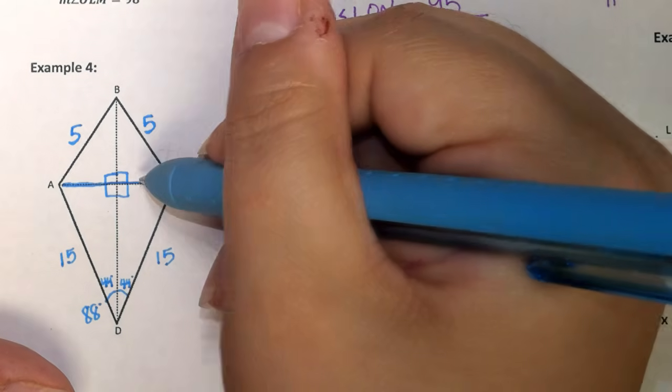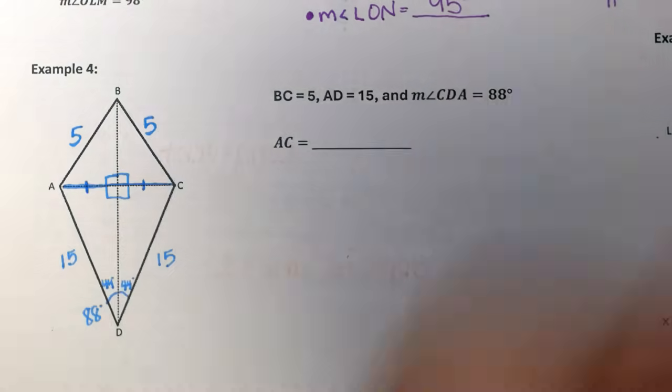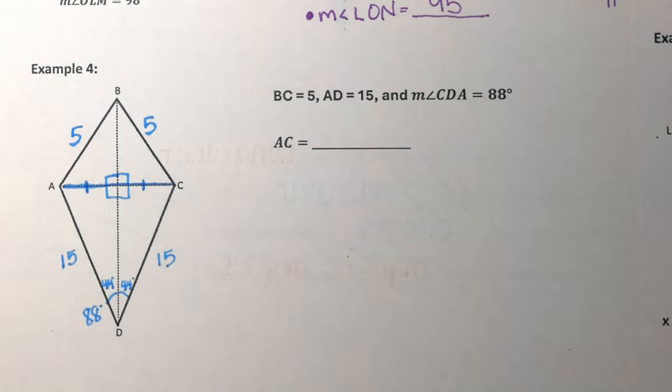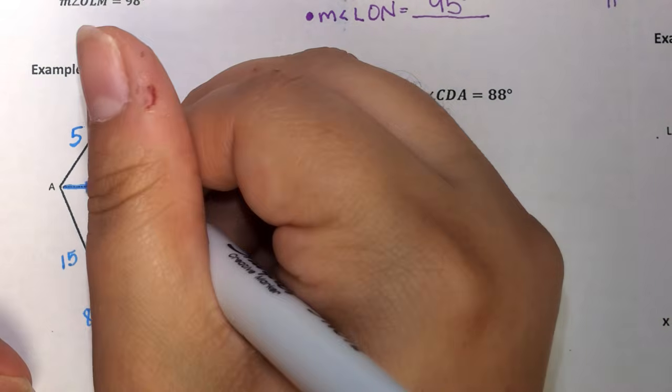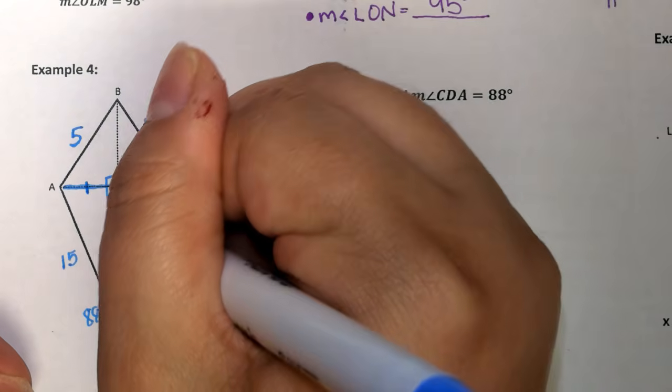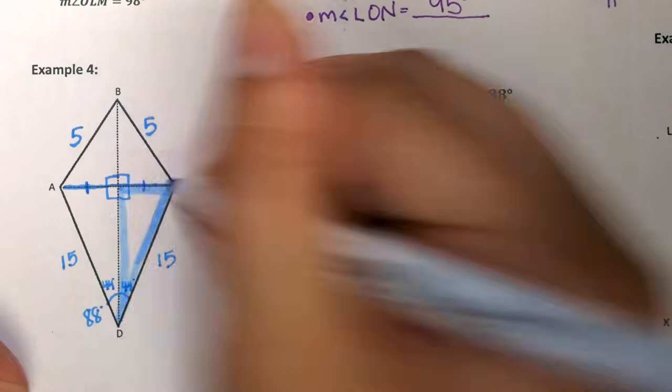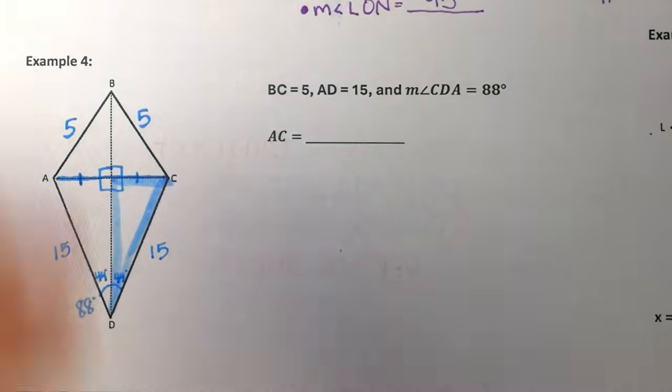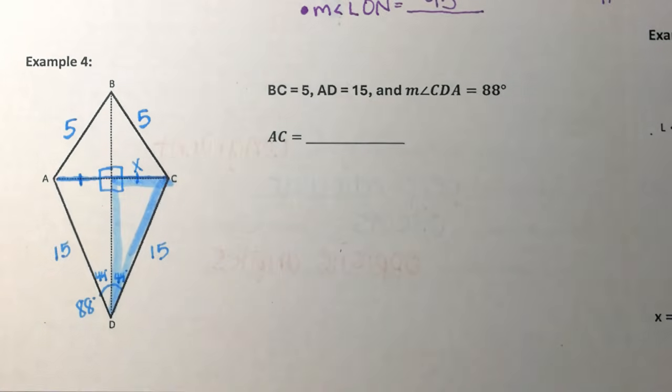Don't you agree that the left side is the same as the right side? So could I find half of it to find the whole thing? Sure. But how do I find this half? I'm going to put an X right there. How do I find that half right there? So Katoa, which one am I going to use?